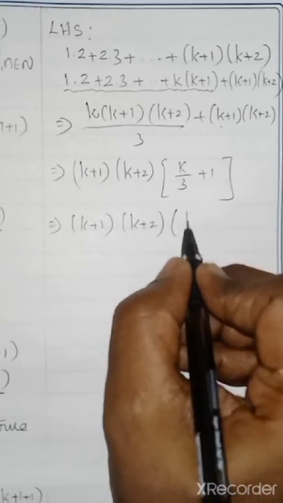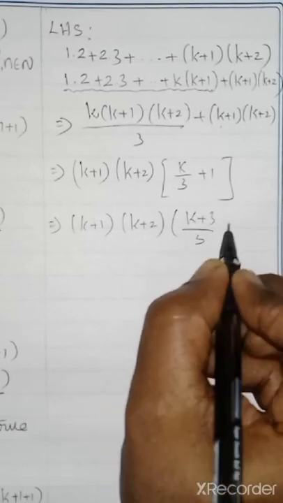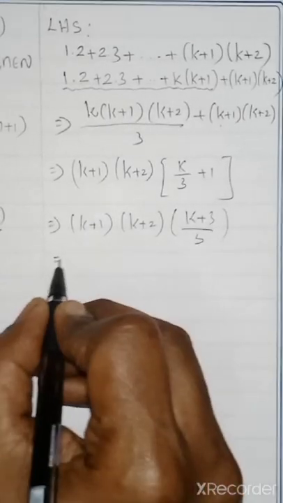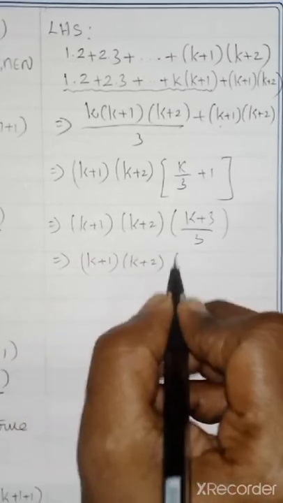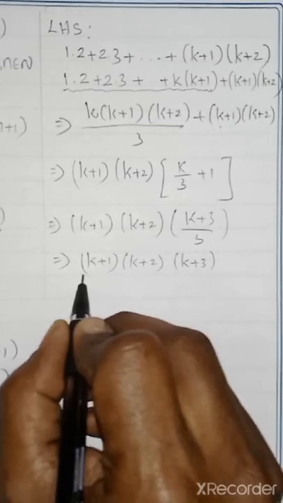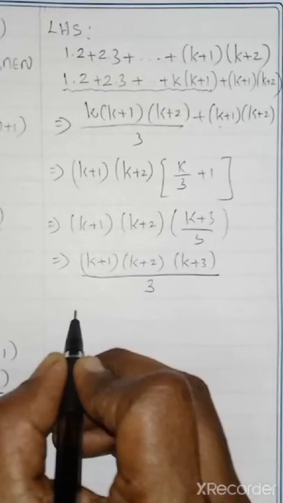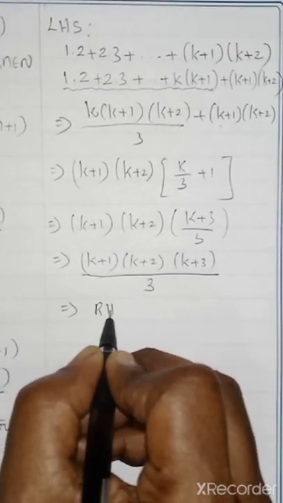So k plus 3 by 3. Since this is all multiplication now, we can write this as k plus 1 k plus 2 k plus 3 whole divided by 3. That is your right hand side.